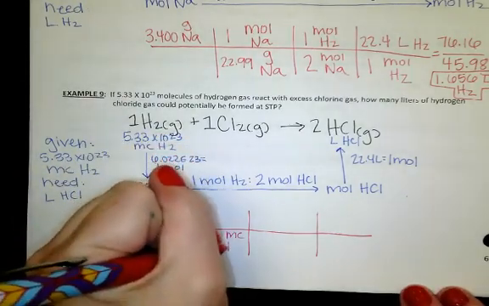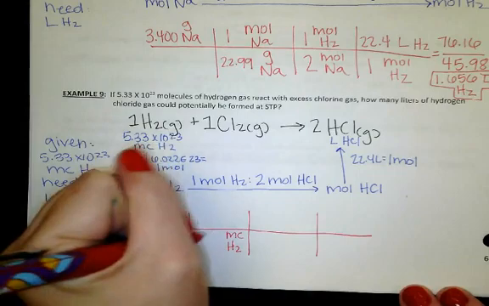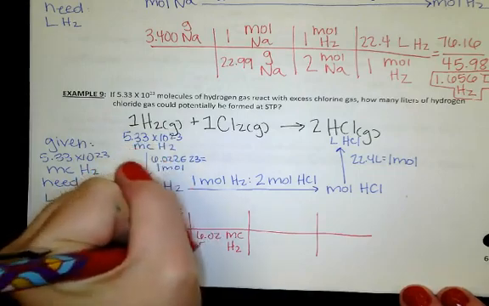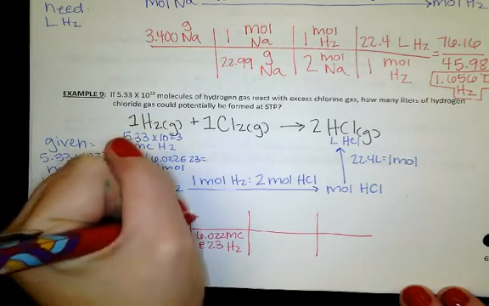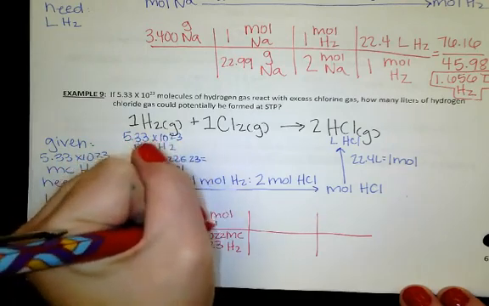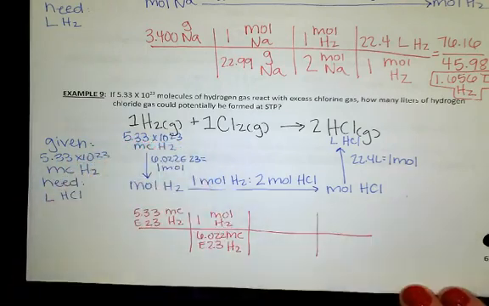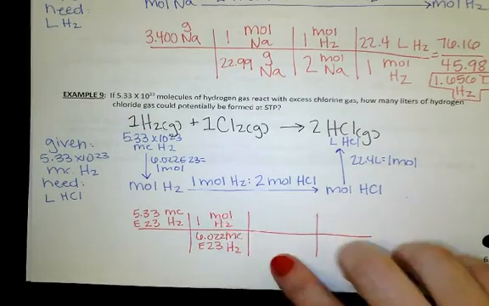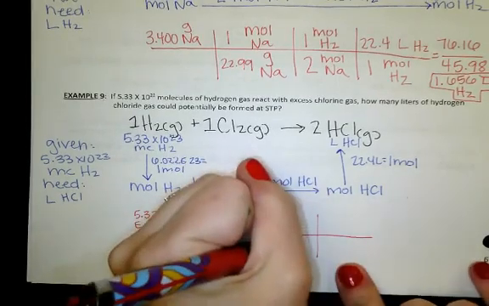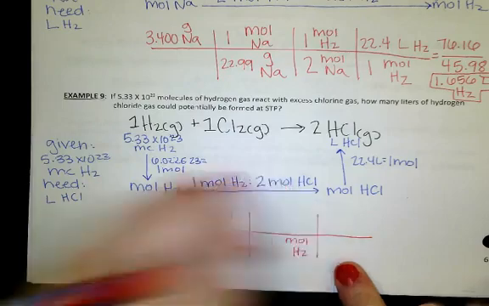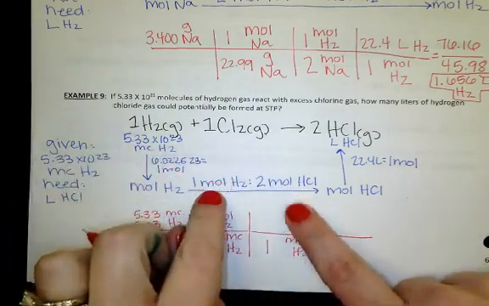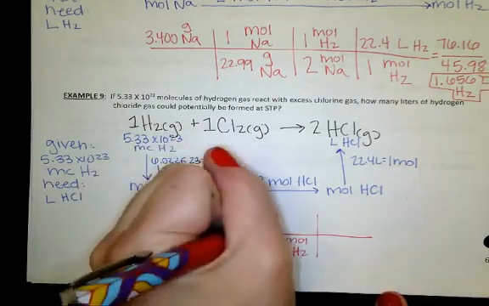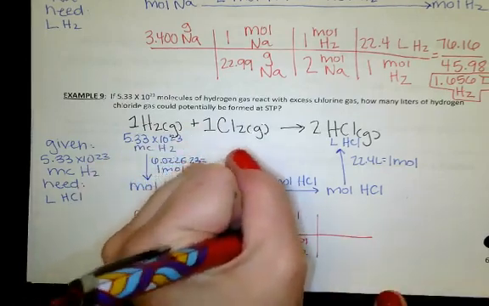So molecules goes in the bottom, and Avogadro's number is going to go with it. 1 mole of H2 will go on top. Okay, now we have moles of H2 on top, so we're going to put moles of H2 on bottom, and this is when we're going to use our molar ratio. So 1 mole of H2 goes on the bottom, 2 moles of HCl is going to go on top.